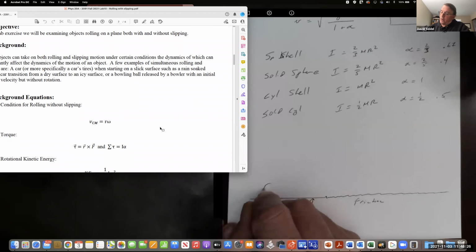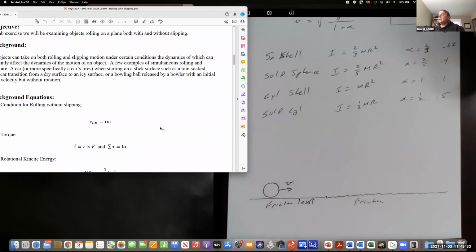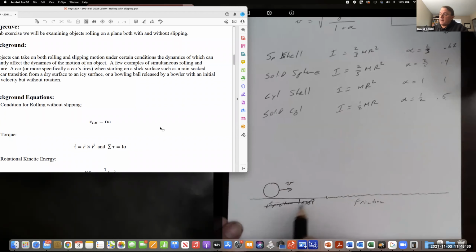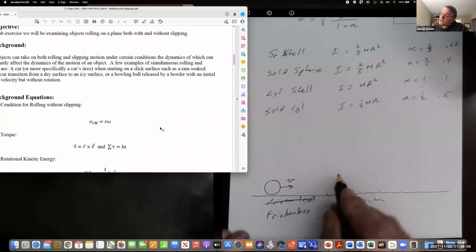And I launch a ball with some velocity V forward. Since this is frictionless, there's nothing to give any torque to cause this to start rolling. Then it hits this friction surface and we start getting some rolling.